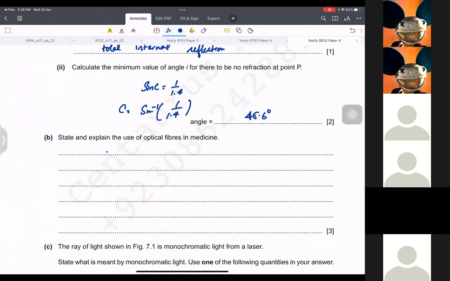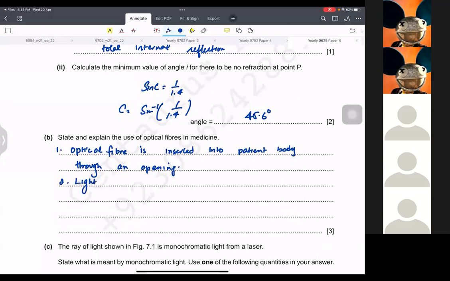Now whenever this comes, please remember endoscopy. So what you do, right? The optical fiber is inserted into the patient's body through an opening, okay, like the mouth. And then what you do?